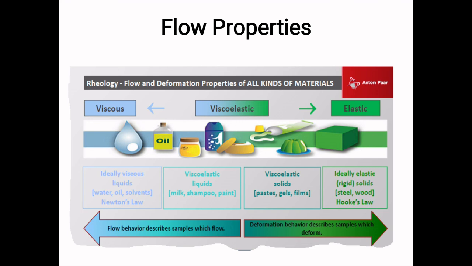Deformation behavior describes the sample which deforms. In the fluid which follows Newton's law of flow, the behavior describes the sample with flow because they are viscous, and in the case of viscoelastic and elastic, the sample deformation properties are mainly determined.